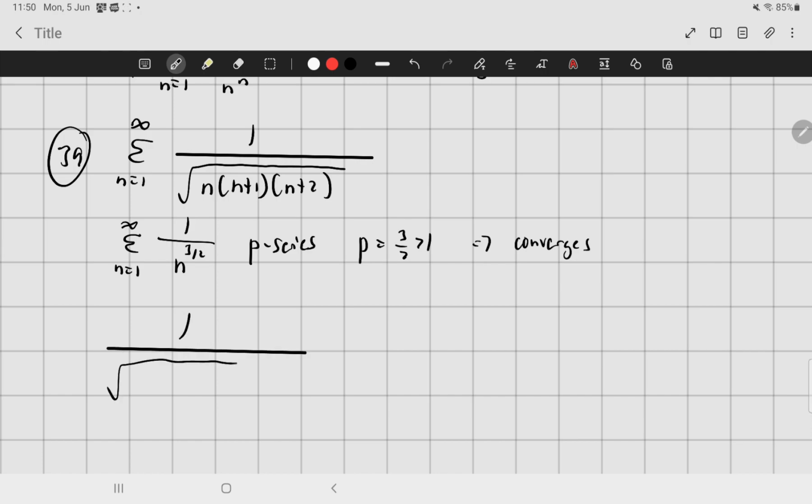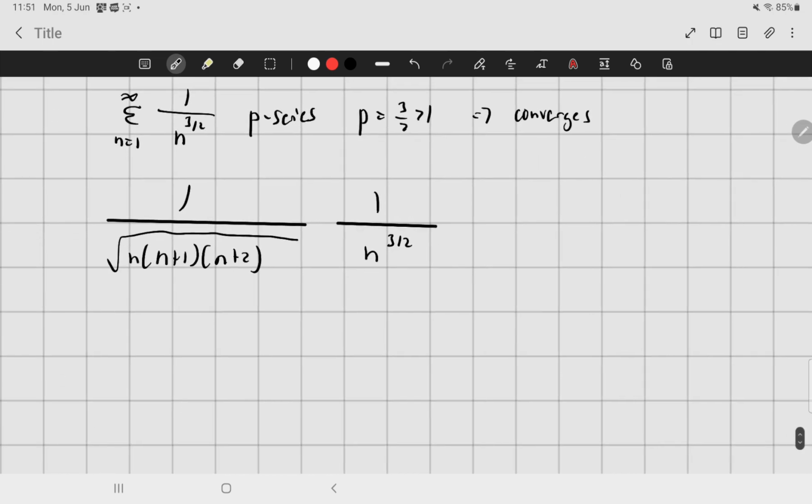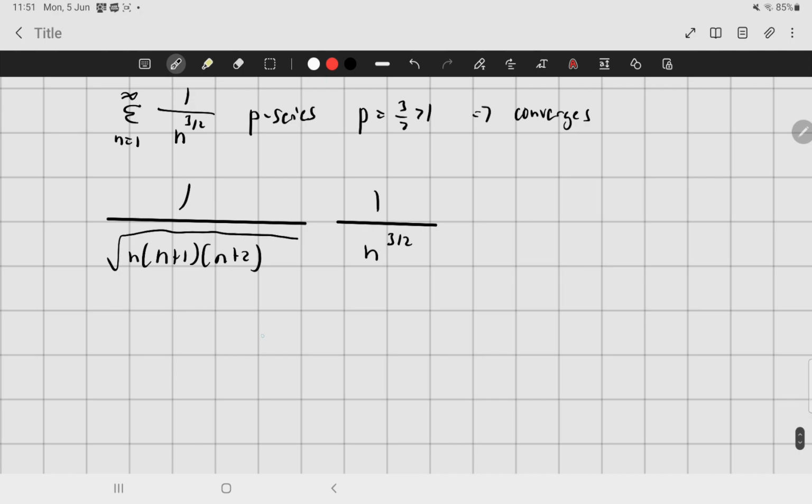Let us try, by using the direct comparison test, to build an inequality and solve from there. So n times n plus 1, n plus 2, and here will be 1 over n to the power of 3 over 2. I multiply both sides, then square both sides at the same time. So n cubed versus n plus 1 times n plus 2, and obviously this is always larger or equal.